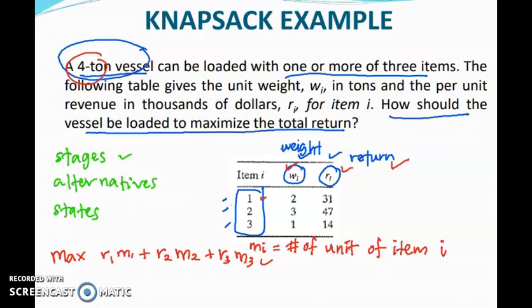For the constraint, subject to the limit: because we only have 4 tons here, and each item has its own weight, so subject to the weight of item 1 times the number of units of item 1, plus the weight of item 2 times the number of units of item 2, plus the weight of item 3 times the number of units of item 3. Because in this case we only have 3 items, and all together must be less than or equal to 4.